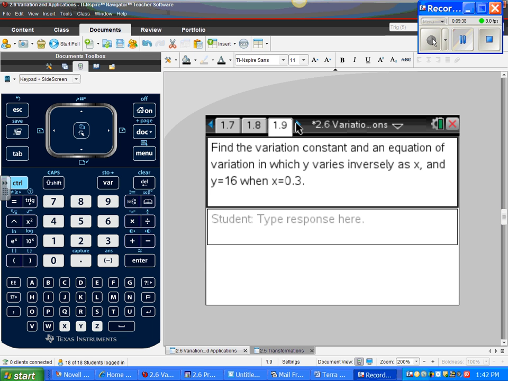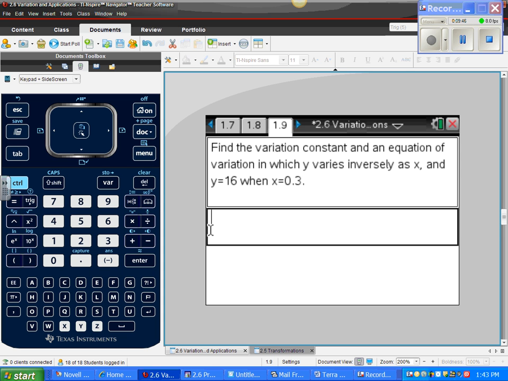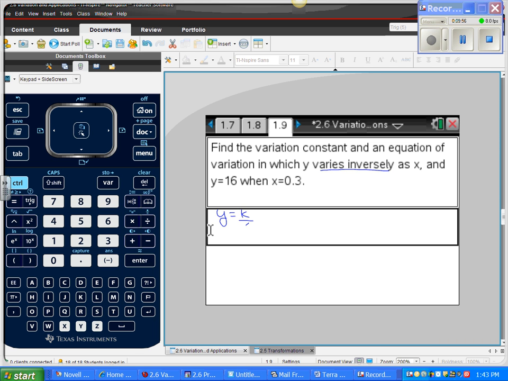All right, so we're going to find the variation constant and an equation of variation in which y varies inversely as x, when y is 16 and when x is 0.3. So, keyword: varies inversely. You should automatically be writing down y equals k over x. Next, we're going to take what we know.